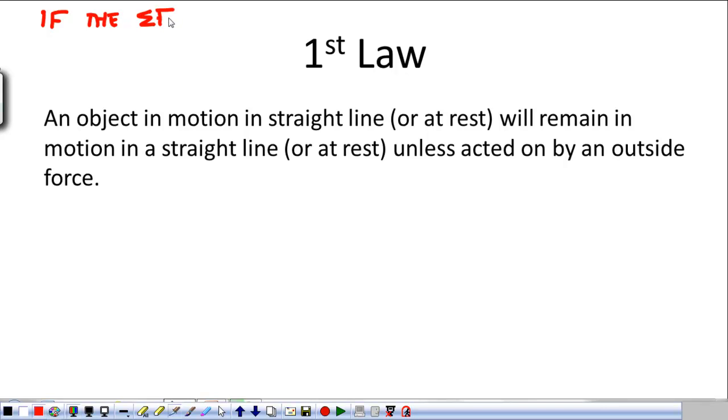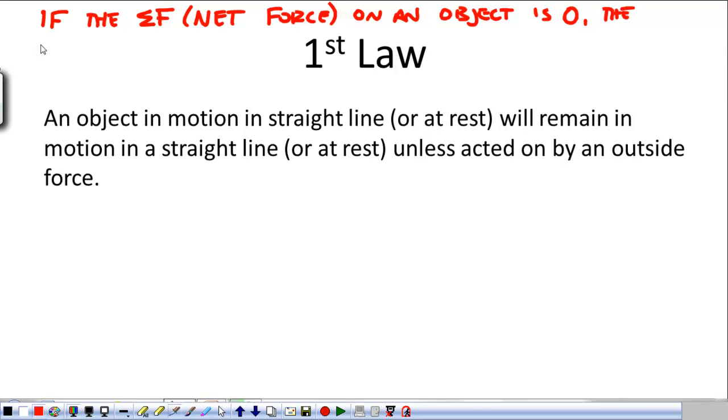And we're going to do it this way, this is how we say it in class. That means if the net force on an object is 0, the motion of the object will remain constant.